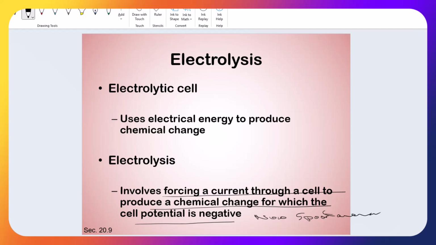So we're making a reaction run in reverse by providing the electrons that force the reaction to occur. And this is how you do things like electroplating. Your grandmother's sterling silver is done in this process.